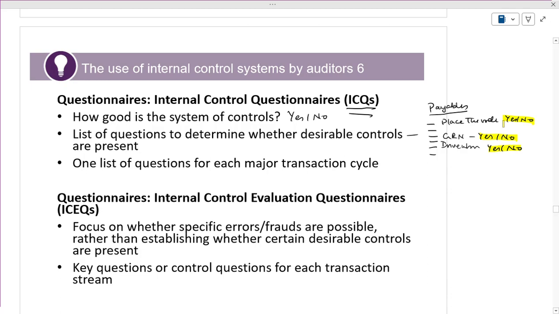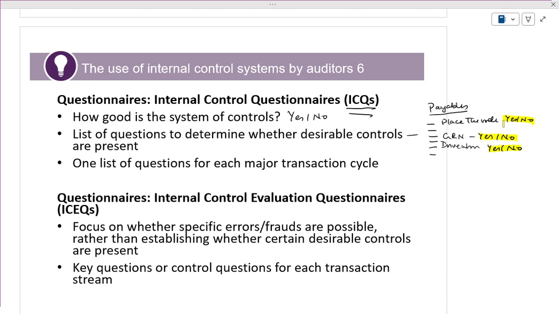Who's going to answer these questions? The auditors, right? Not the client staff. The auditor will prepare the questions.